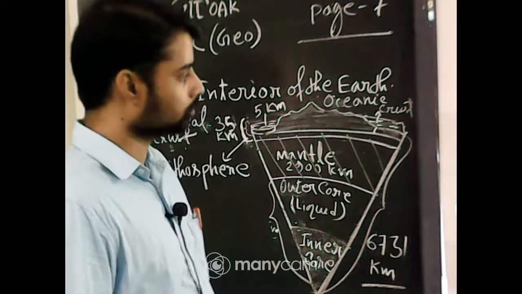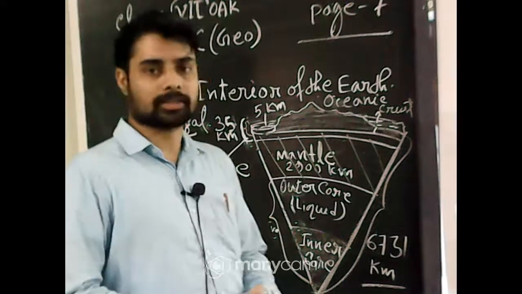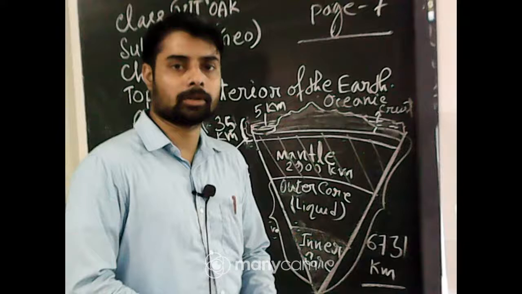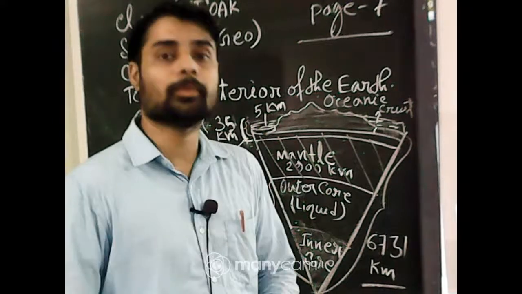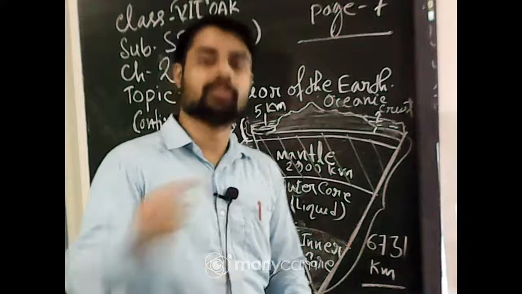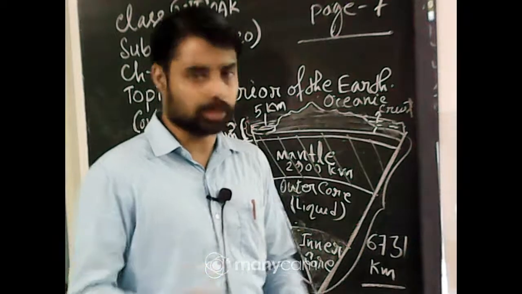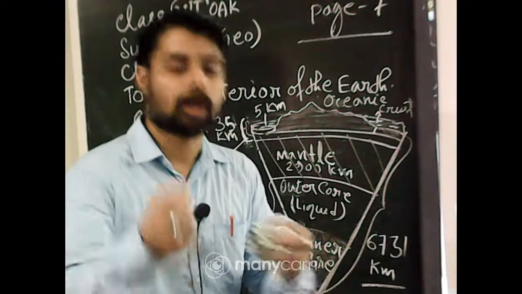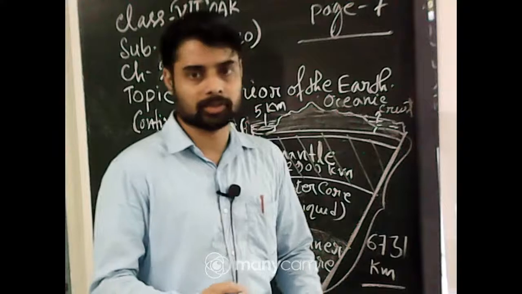Okay, barter system, from the last portion of chapter number 1, the human environment. Barter system is a give and take policy. In the ancient period there was no money, money was not invented. So that is why people interchanged their goods, a give and take policy.